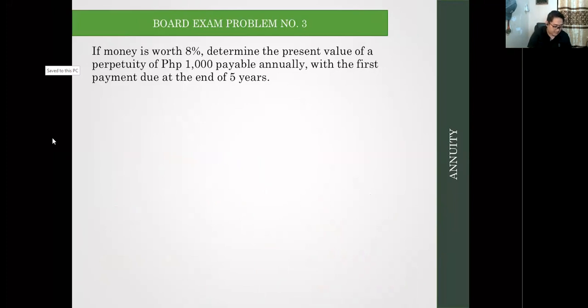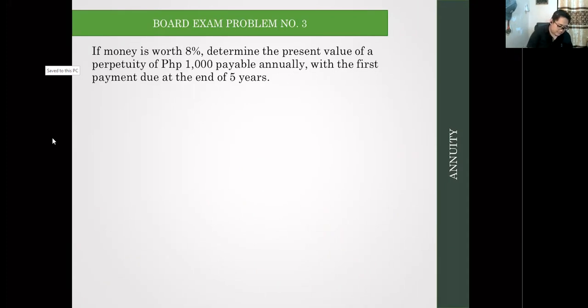So perpetuity naman yung pinag-uusapan natin. So if money is worth 8%, yung formula natin for perpetuity is I over 8. Okay.